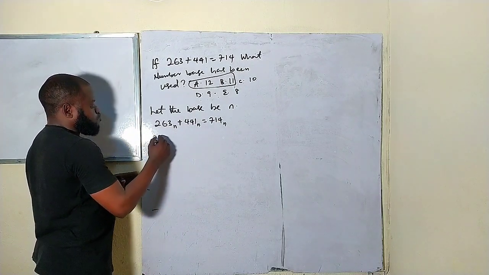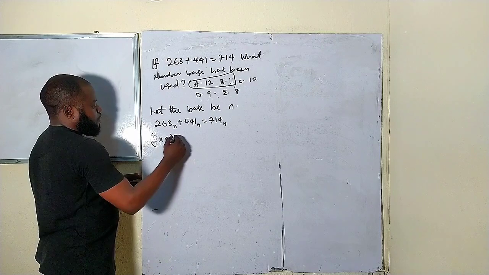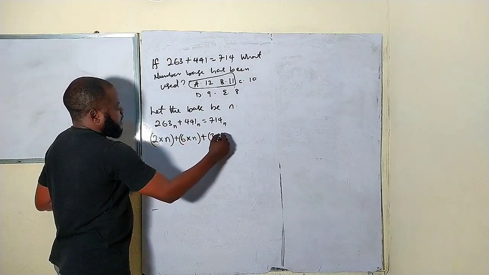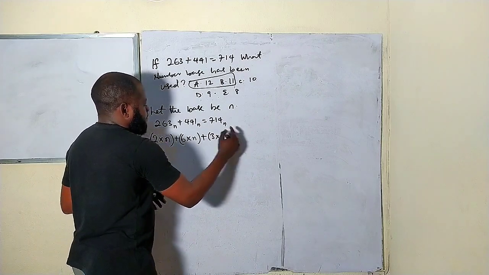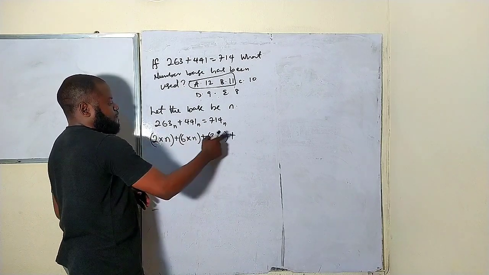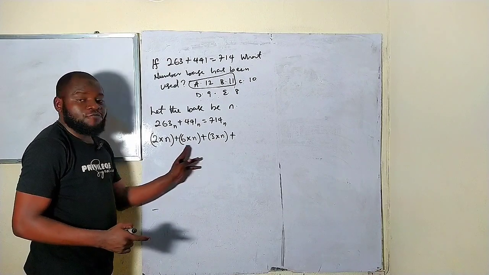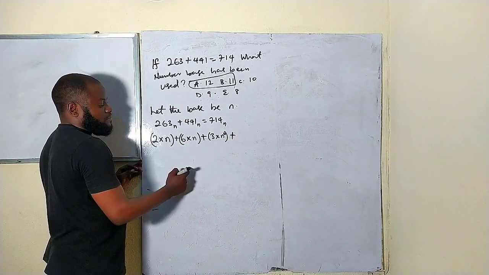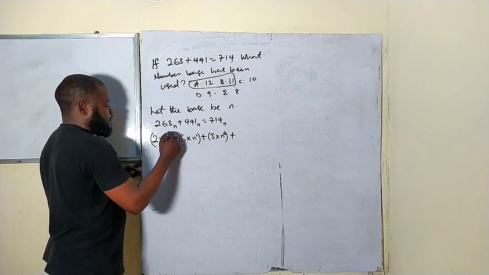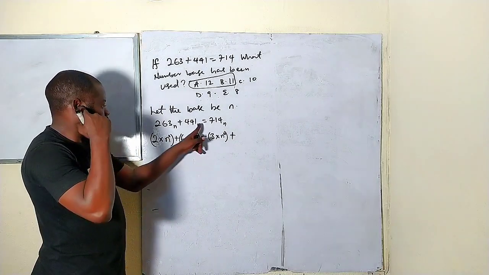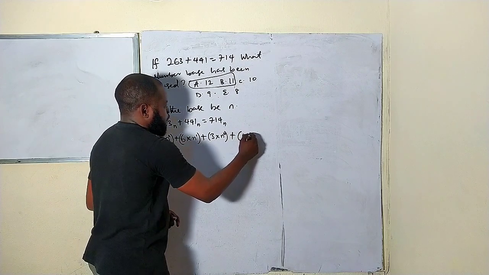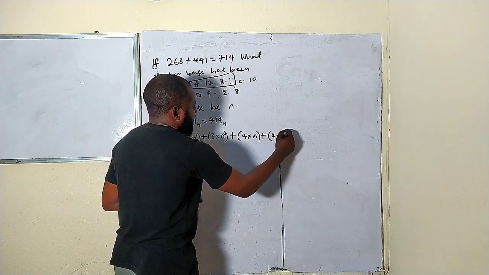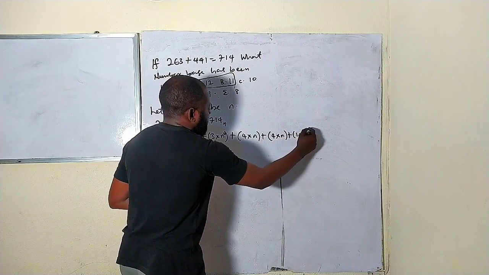So we have 2 multiplied by n, plus 6 multiplied by n, plus 3 multiplied by n. But before you write that, to avoid error, label this, that is, give the digits the place values 0, 1, and then 2. So move to the next one. That will be 4 times n plus 4 times n plus 1 times n.